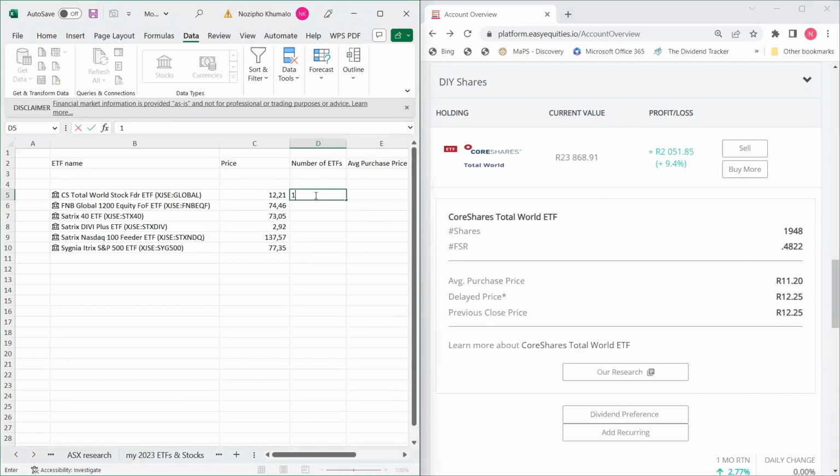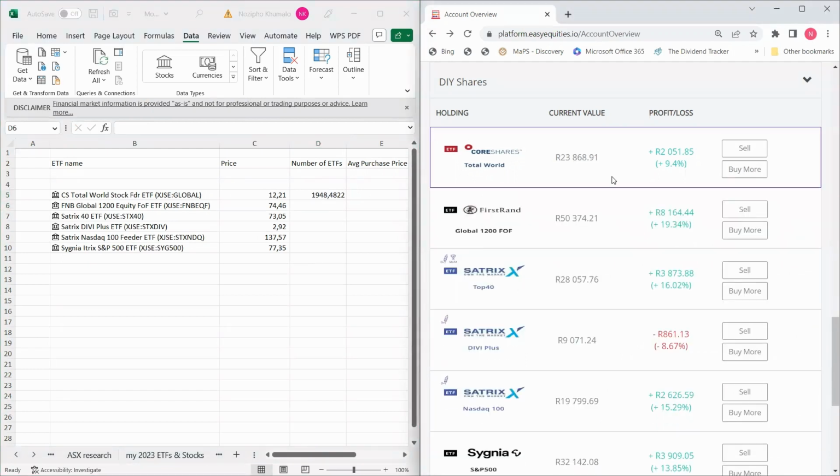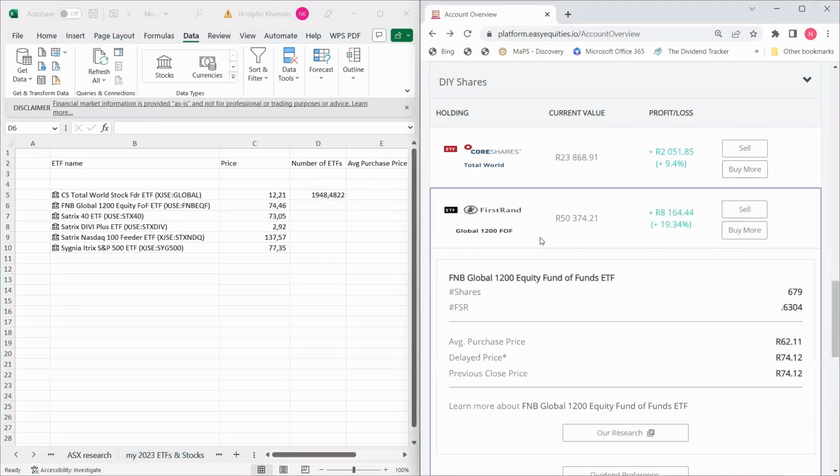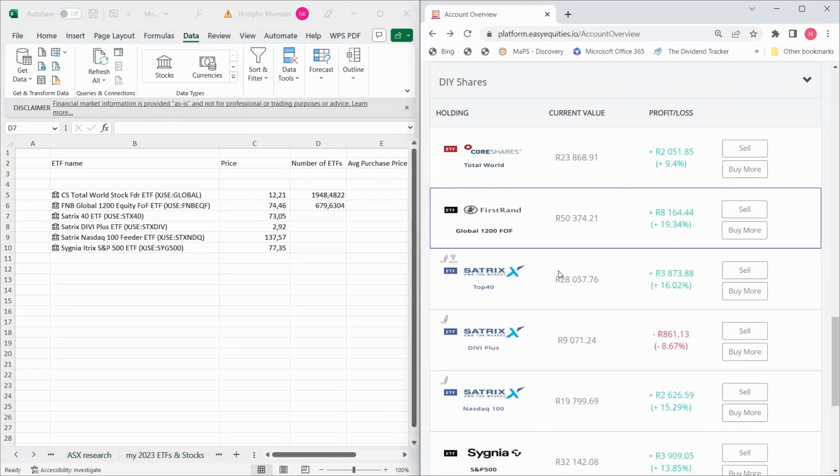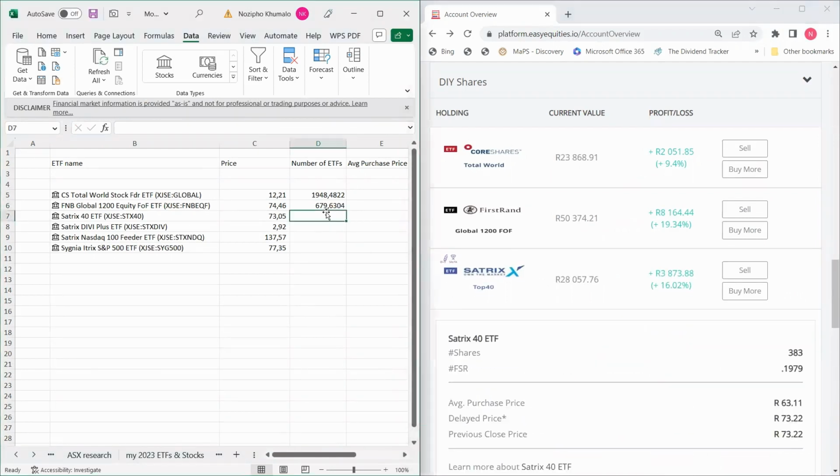It's 1,948.4822. Next, we go on to F&B Global 1200. Number of shares is 679.6304. Next, we move on to Satrix 40. The number of shares is 383.1979.